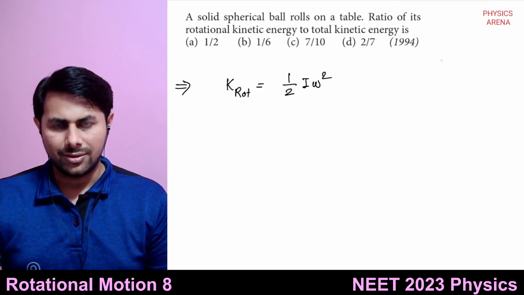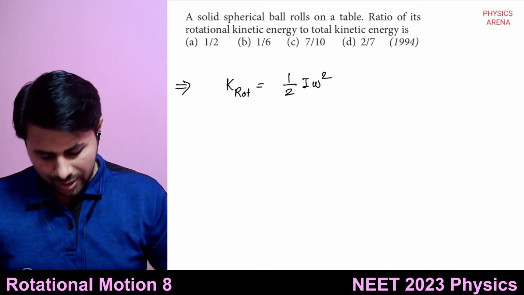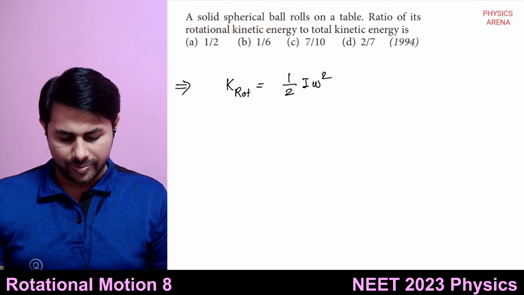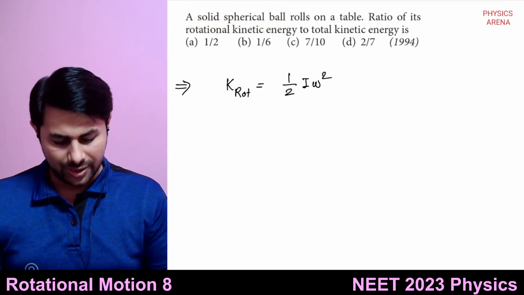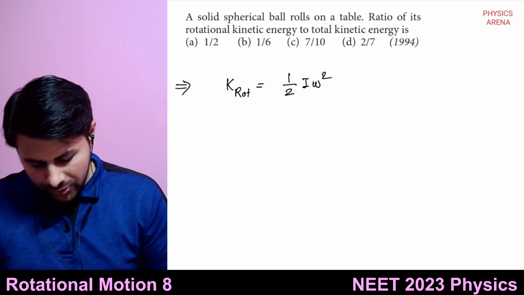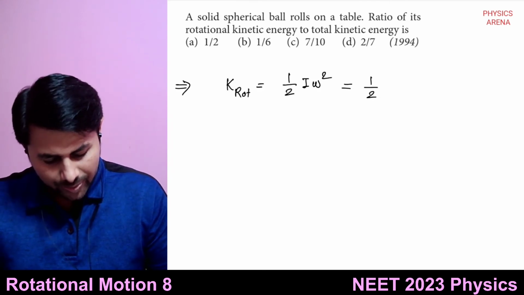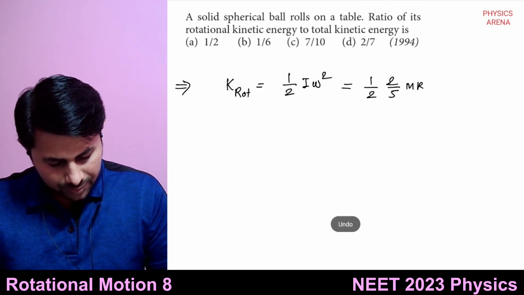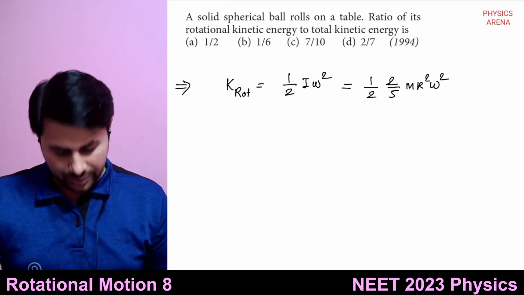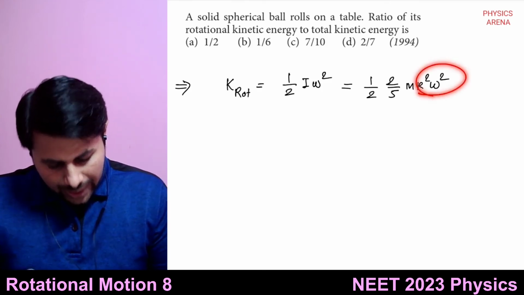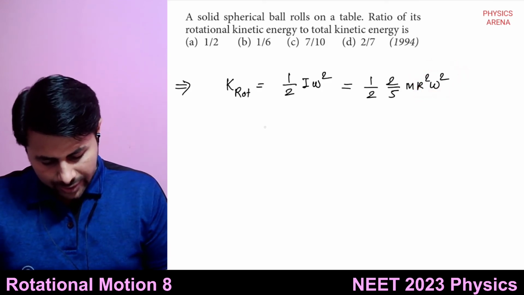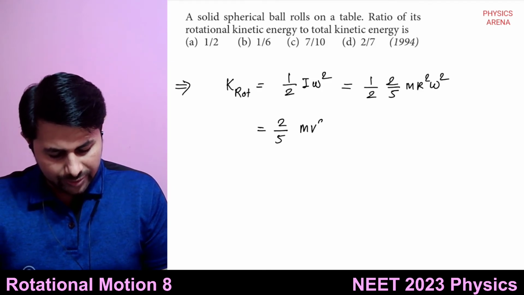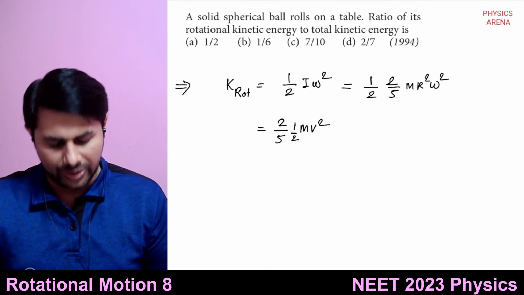Or if you have memorized the formula for moment of inertia of a spherical object, it is 2 by 5 mr square. So you can substitute that. This is half of 2 by 5 mr square omega square, and r omega equals v. So the kinetic energy of rotational motion is 2 by 5 multiplied by half mv square.